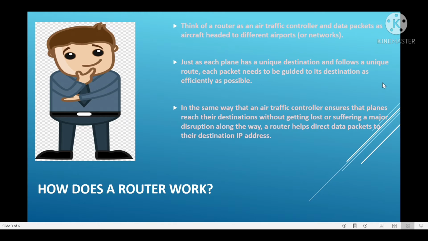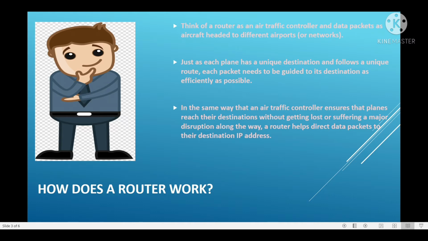If we think of a router, we can take an example from the traffic controller system, and we can consider a router as an air traffic controller, and the data packets which are transferred through the network as the aircraft.